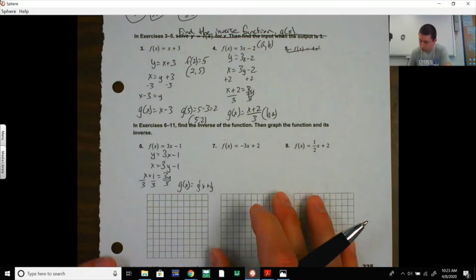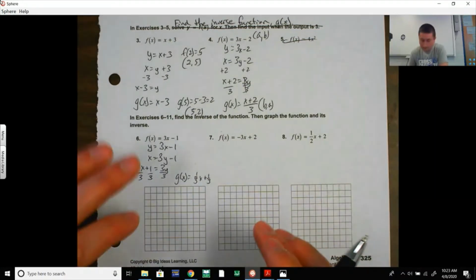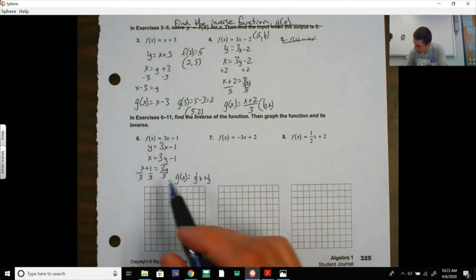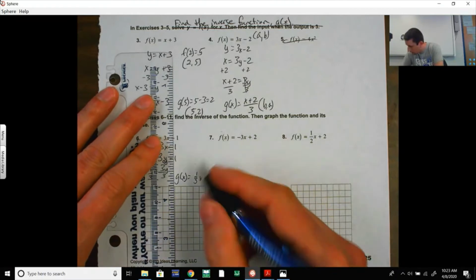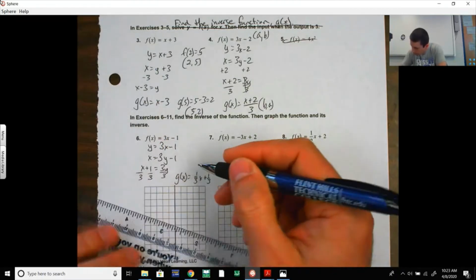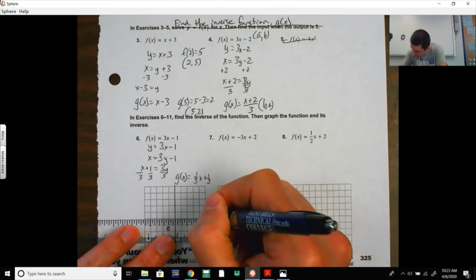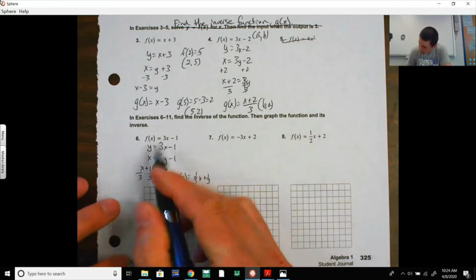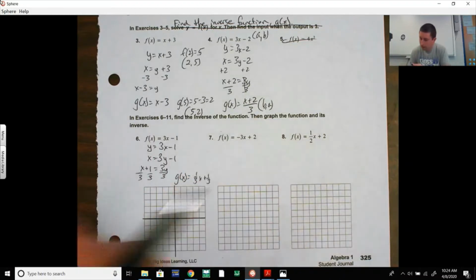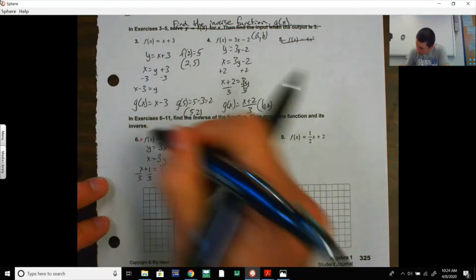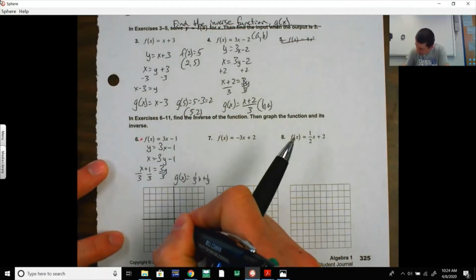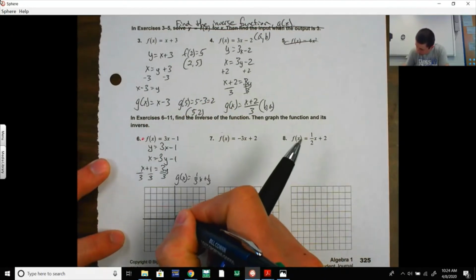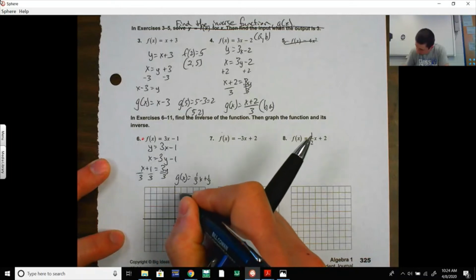So as I practice graphing this, okay. So my original function, let's do that in red, 3x minus 1, so the minus 1 is my y-intercept, up 3, 1, 2, 3 over 1.